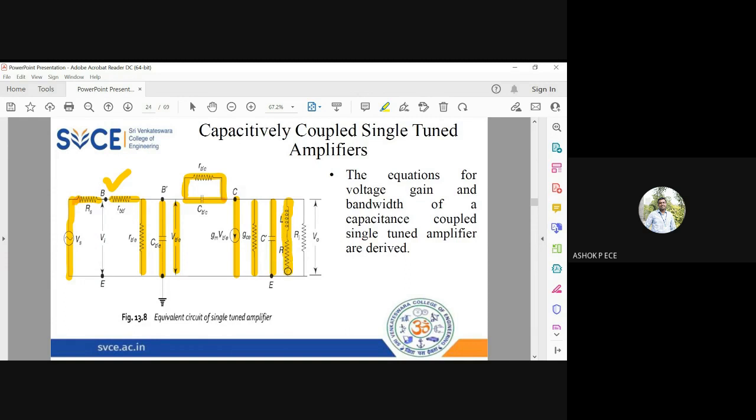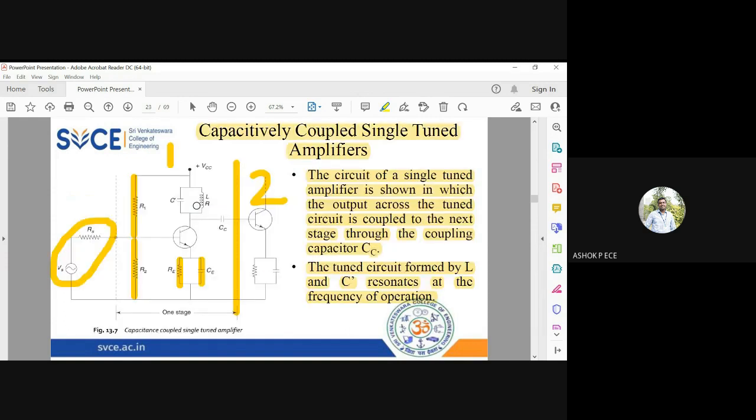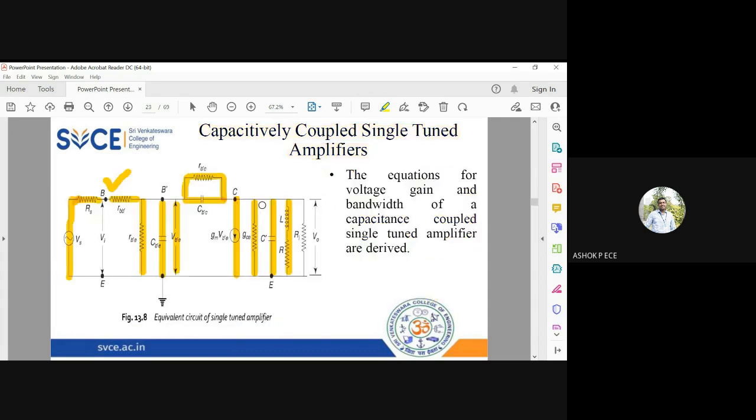I am connecting the output of the first stage to the base of the second stage. So definitely the input impedance will come into the load, and you have to consider it along with the load. So on the load side, you will see C dash in parallel with L and R in series, in parallel with Ri.